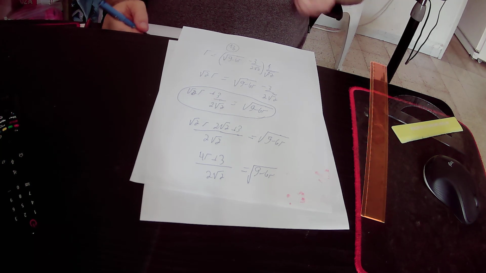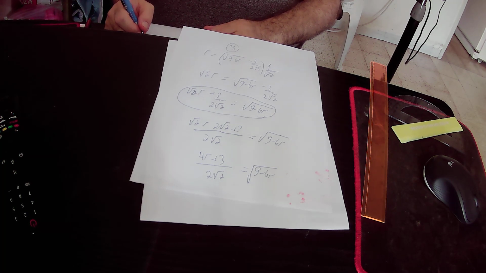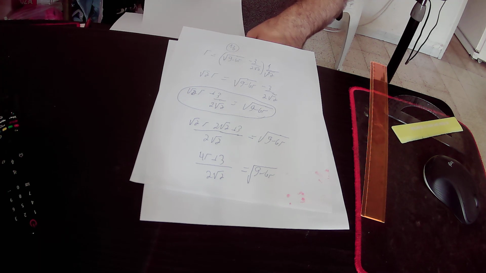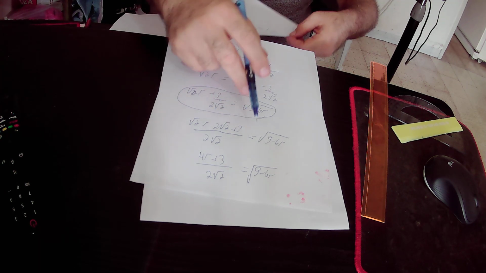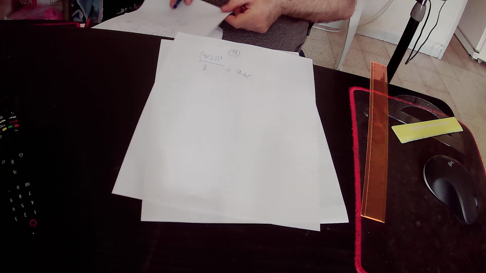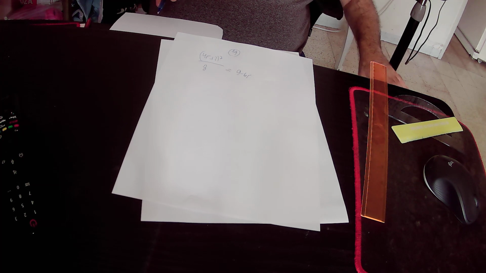And here we have root and square, so the root is cancelled by the square, and in total what is left on the other side of the equality? 9 minus 6r. Okay, so after we squared this equality, we got that 4r plus 3 squared over 8 equals 9 minus 6r.